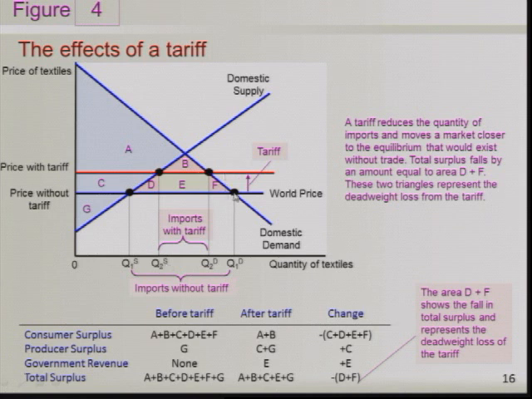Now before the tariff, our domestic consumers were consuming at Q1D, and then after the tariff, you can see that that shrinks the quantity demanded a little bit, and now with the tariff, quantity demanded by domestic consumers is at quantity Q2D.